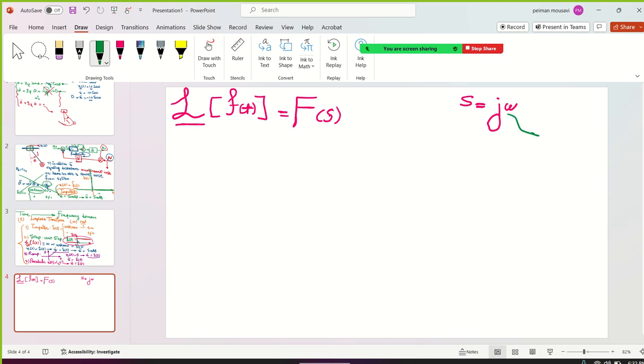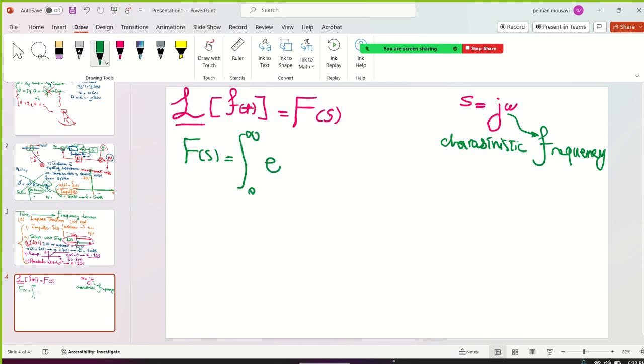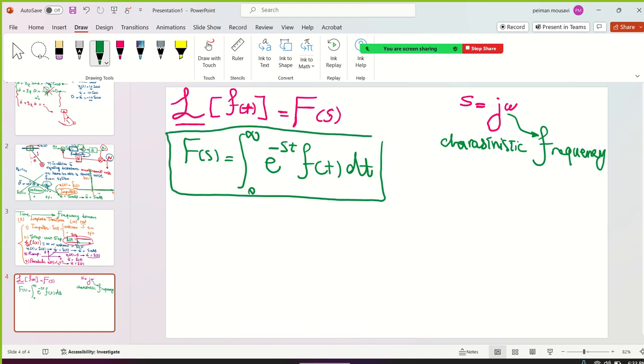Omega has a name, the characteristic frequency. So what is Laplace based on mathematics? It is the integration from 0 to infinity of exponential of minus st times the function that you want to transform, dt. And we're going to work on this in the next class and do the MATLAB also.